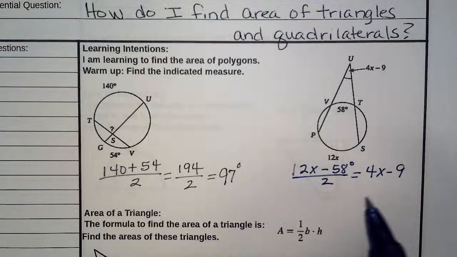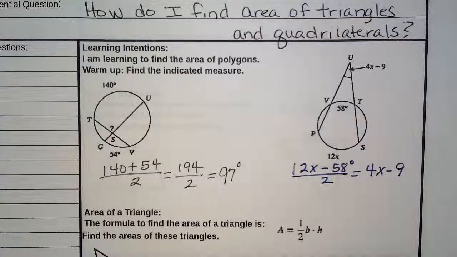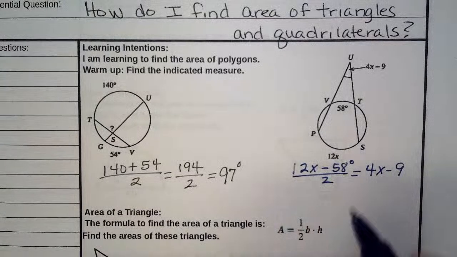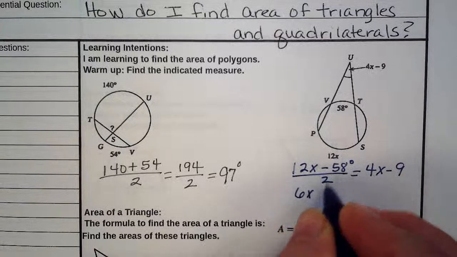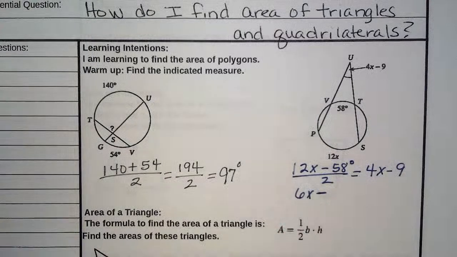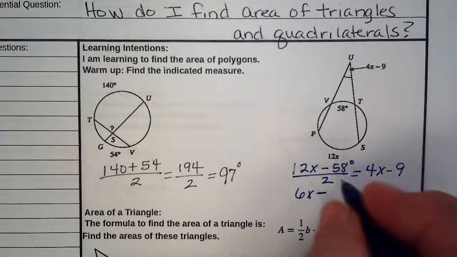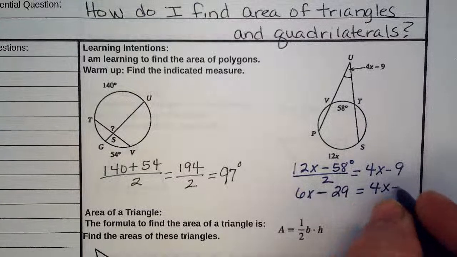If you're thinking logically, 12 and 58 are both even, so I can divide them by 2 and get a whole number. 12x divided by 2 is 6x minus 58 divided by 2. 58 divided by 2 is 29, is equal to 4x minus 9.